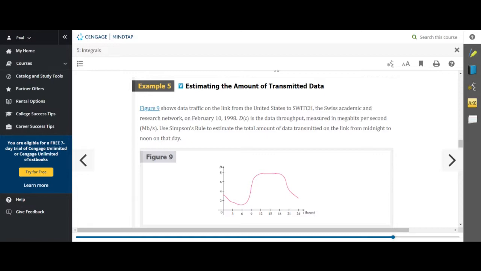And then from t equals 9 to t equals 21, data's pretty high. Why is there a big jump in the data? It spikes up to almost 8 megabits per second.